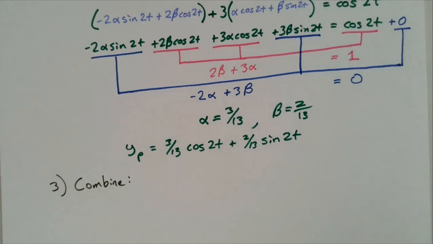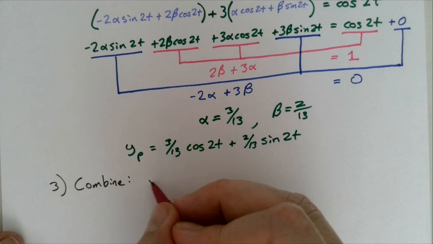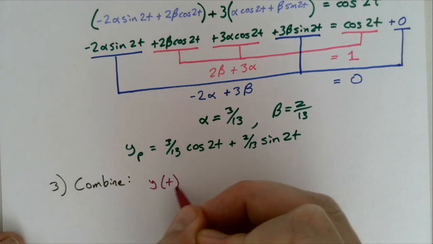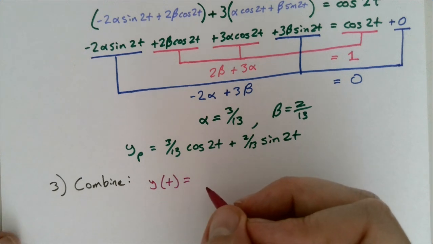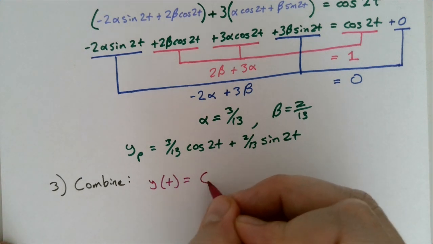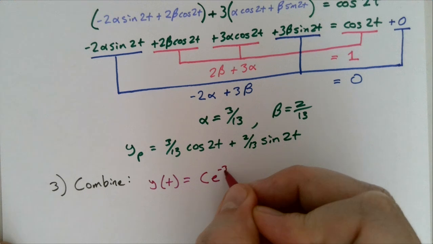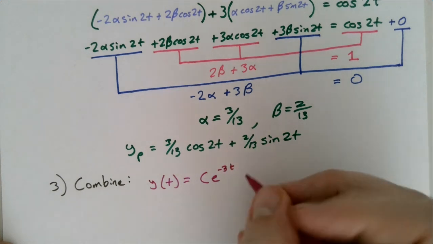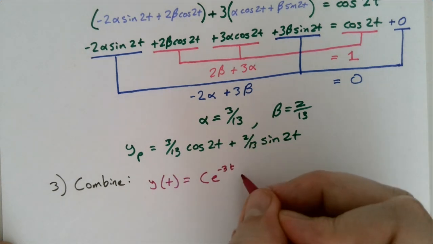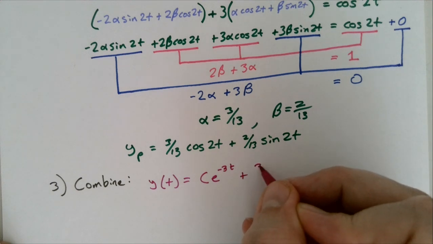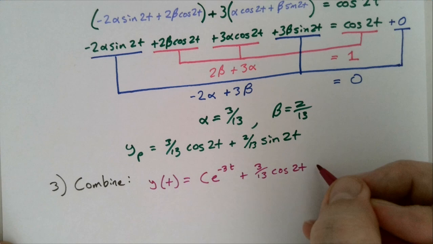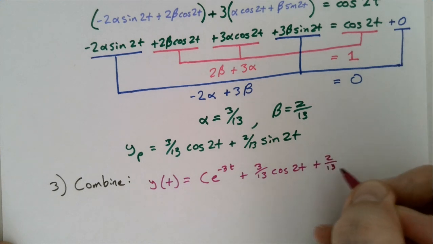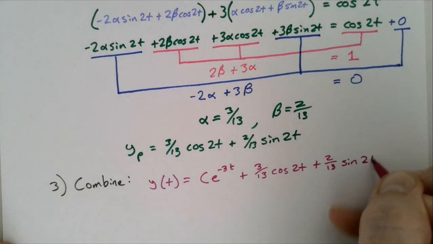And so if I combine these two, I wind up with a general solution that looks like this. My y sub h is a constant times e to the minus 3t plus my particular solution right here, 3/13 cosine 2t plus 2/13 sine of 2t.